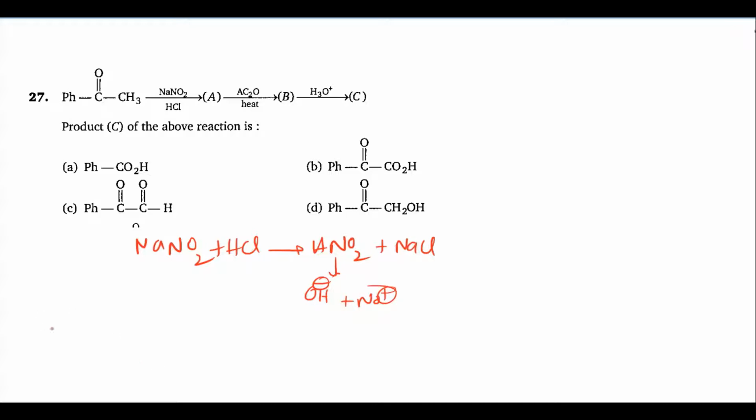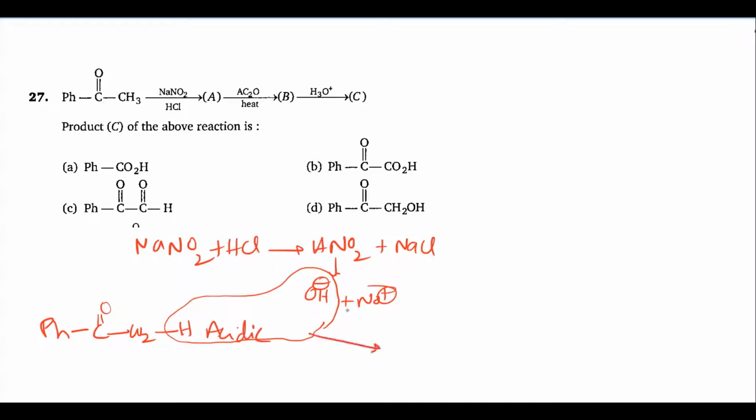Then as you can see, I am taking this as the base. So PhC double bond O CH2H is eliminating like this. Okay, because this hydrogen is acidic. Okay, after elimination of this acidic hydrogen with base, PhC double bond O CH2 N double bond O. Okay, after that you can convert into enol form.